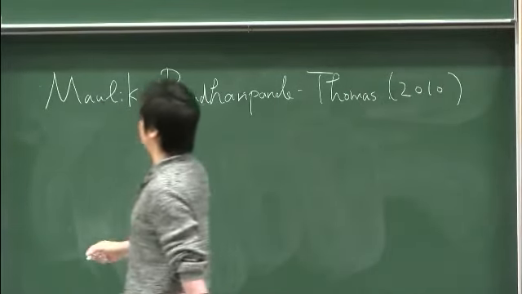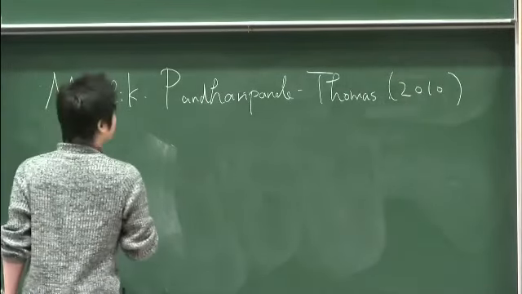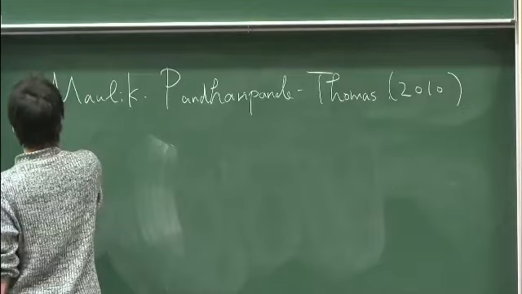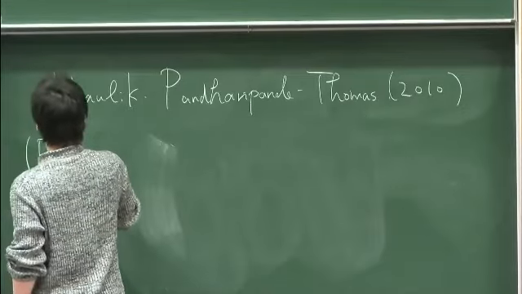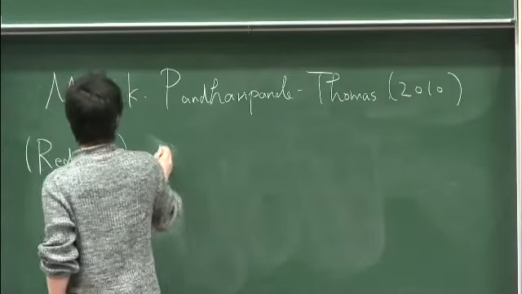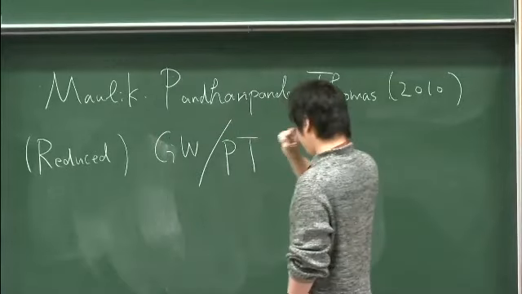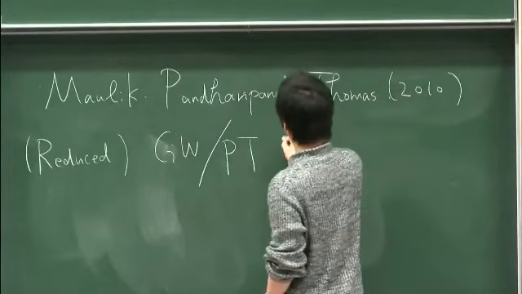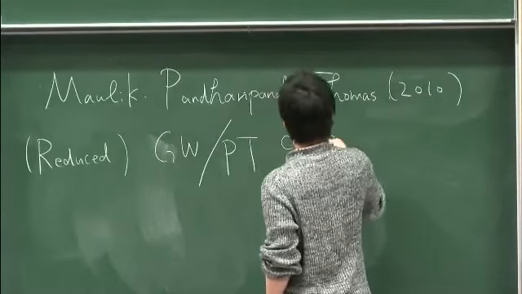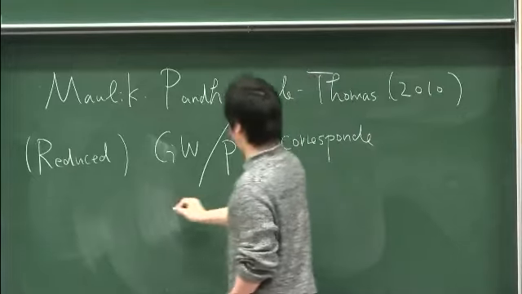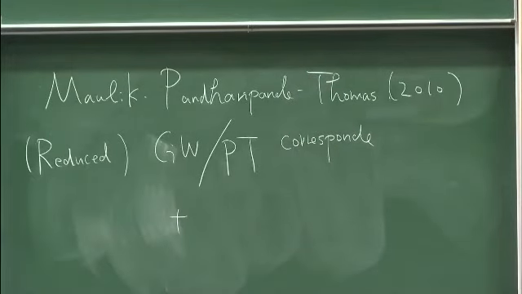They prove the reduced version of the Gromov-Witten and Pandharipande-Thomas correspondence plus the Kawai-Yoshioka result.